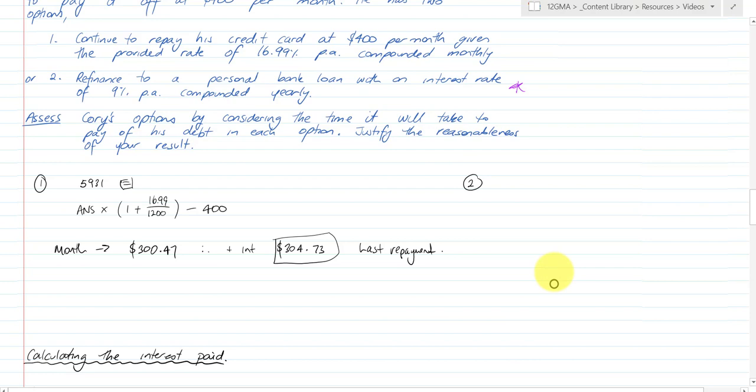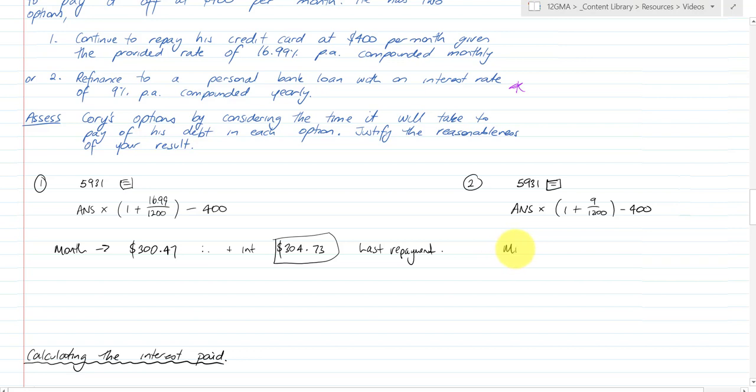So the same thing, it's going to be 5931 equals, and then it's going to be answer times 1 plus 9 over 1200, and then minus 400. So I'll do that, and I'll write the full answer down and then bring it back.